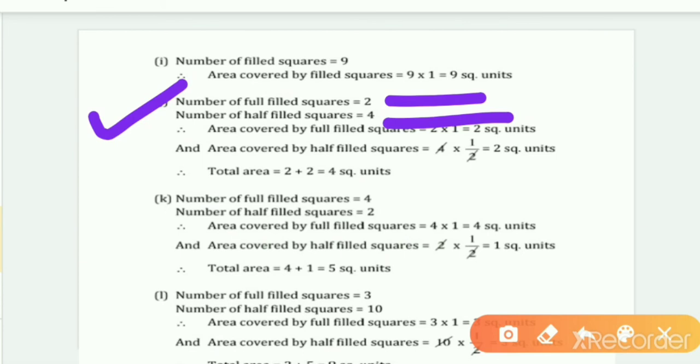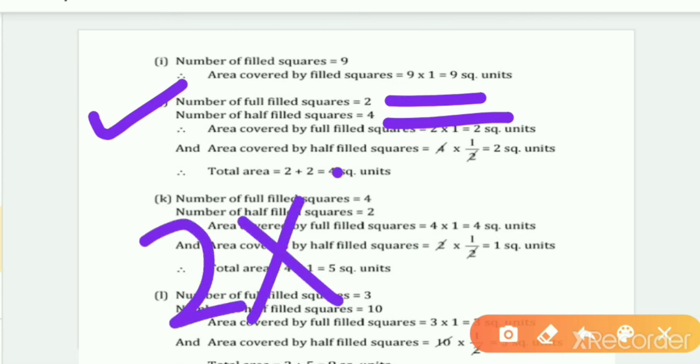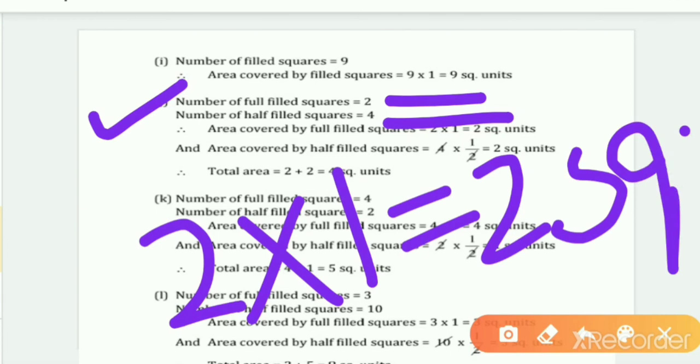So therefore area covered by full filled squares is equals to 2 multiplied by 1 equals to 2 square unit, because area of 1 square box is 1 square unit. So area of 2 square box will be 2 square unit. Okay, yes.